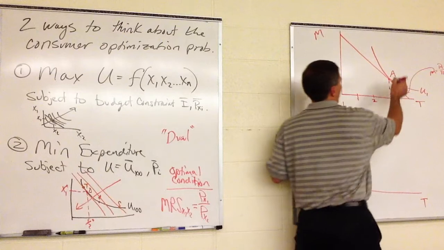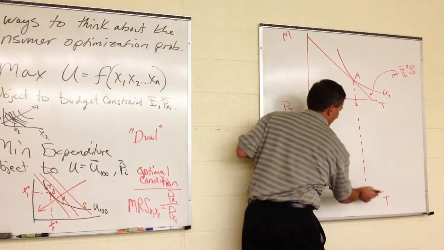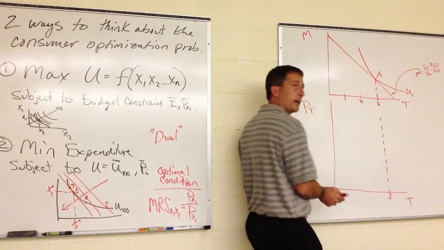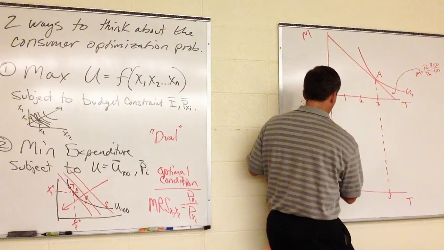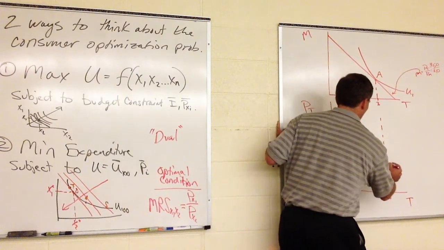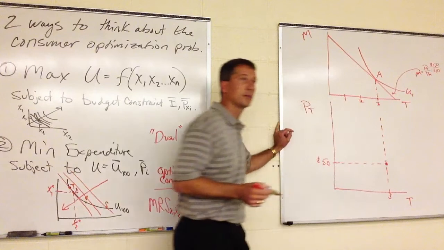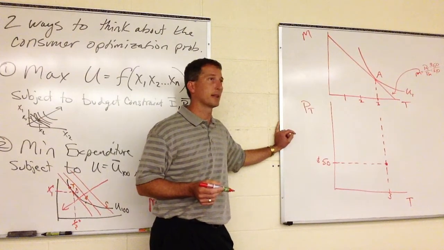And so that maps down into this space this way. If we come down here, that 3 is this 3. And we've got a $50 price tag. That's one point on the demand curve. So at a price of 50, I buy 3 tickets.